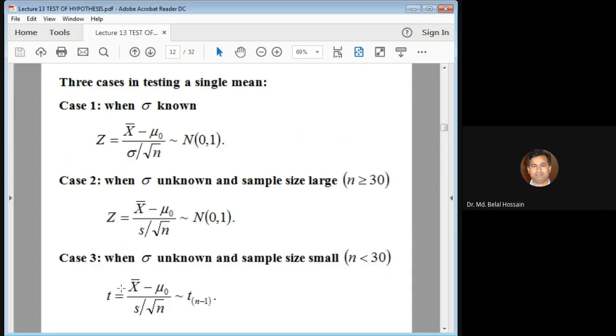So when you have a single mean test, this can be of 2-3 types. The first one is when sigma is known.